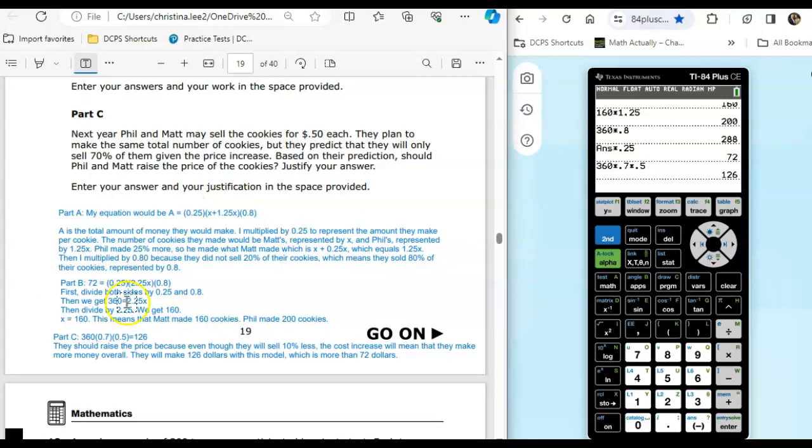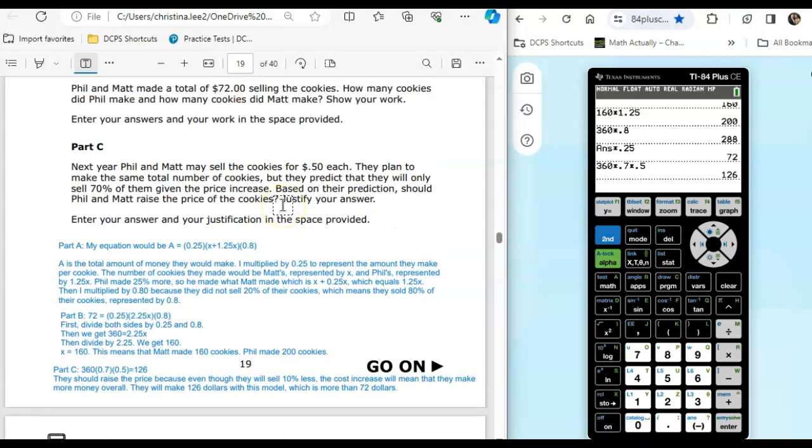But again, the key thing that I want you to see here is showing your work, explaining how you got your answers, and using those tools to make sure that you're fully showing your mathematical work. Remember those percents too.